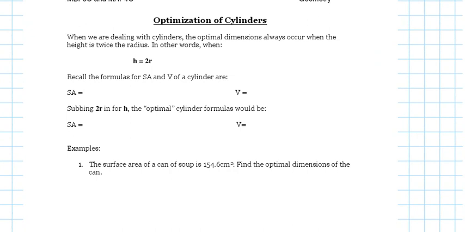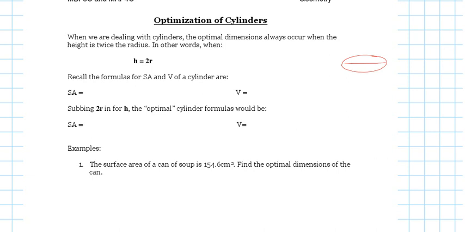But the optimal shape is the one where your diameter is equal to your height. That's going to give you your optimal shape.